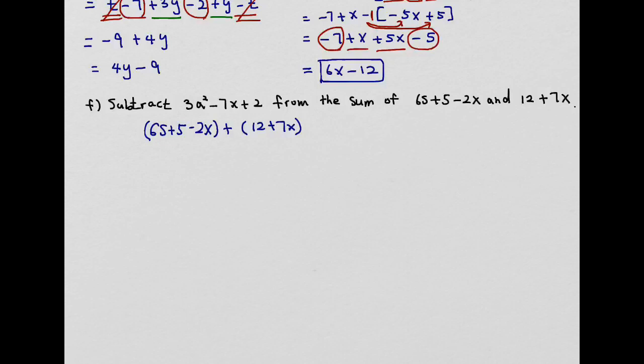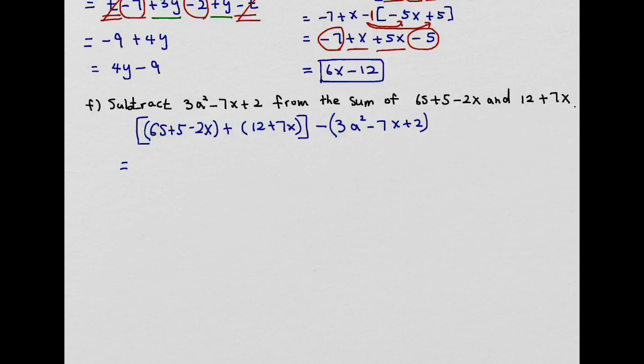And then you want to subtract from, so you get 3x squared minus 7x plus 2, right? I have parentheses and brackets so that I know those are given terms, right? And then we should be able to open the parentheses and bracket.